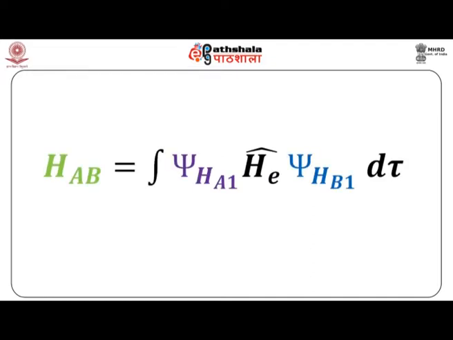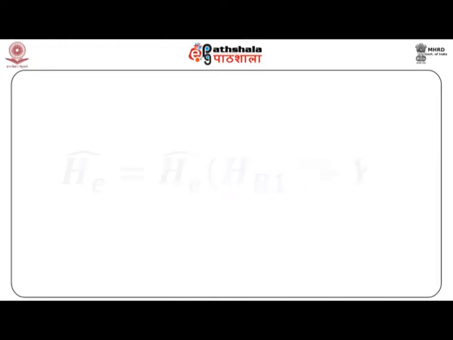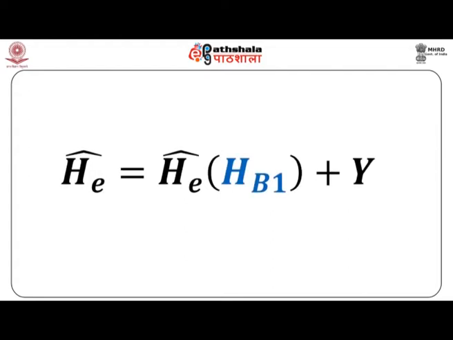Now look at the term HAB. This is given by the integral d tau psi HA1 He cap psi HB1. Here we will use the electronic Hamiltonian in the form that includes y.